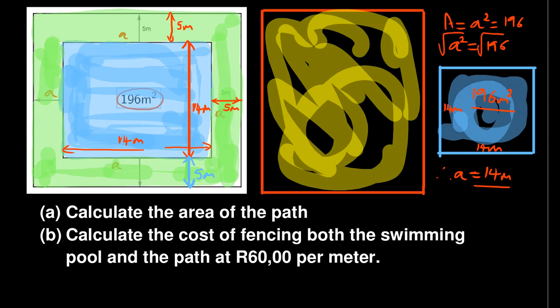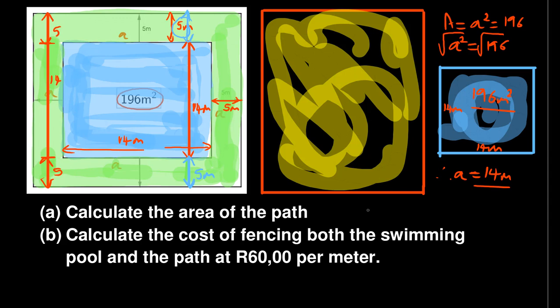So if I add 14 plus 5 plus this 5, I will know now the length, the distance from here to there. As you can see here, I have 5, I have 14, I have 5. So 14 plus 5 plus 5, which is 14 plus 10, in this case it is 24.